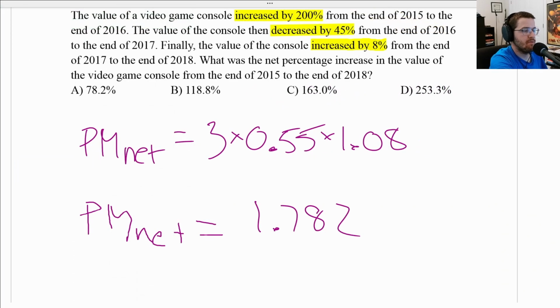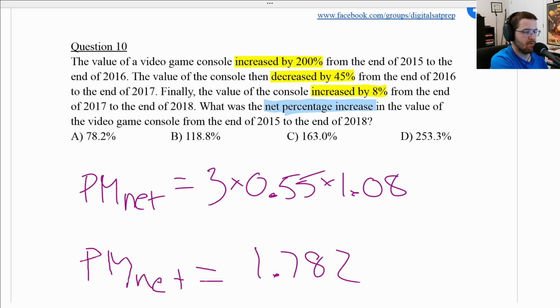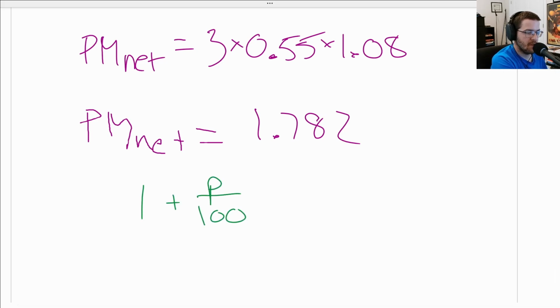So the question is really important. Does it want us to find the percentage of, or does it want us to find the percent change? Well, it says net percentage increase. So this really important word, increase, tells us it wants us to find the percent increase. So that multiplier is equal to a P% increase. 1 plus P over 100 is equal to 1.782.